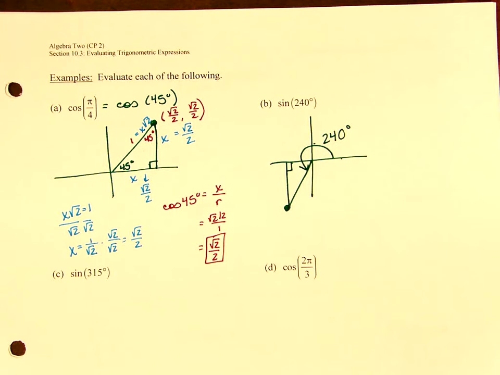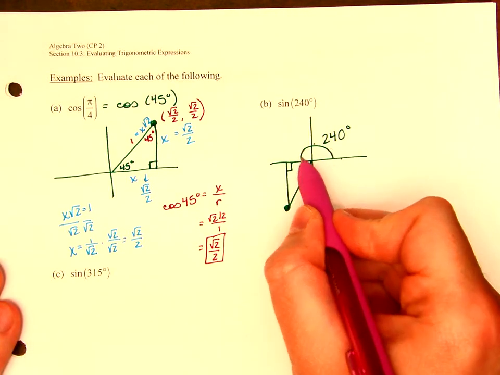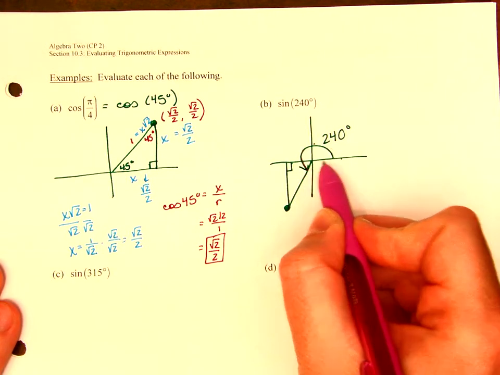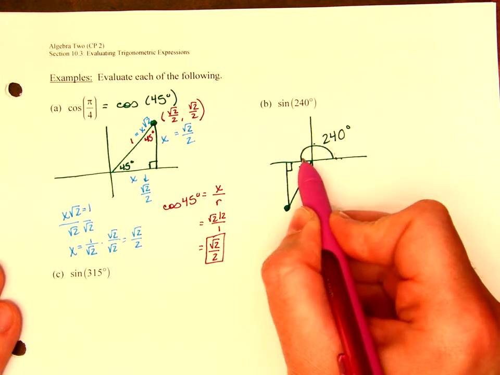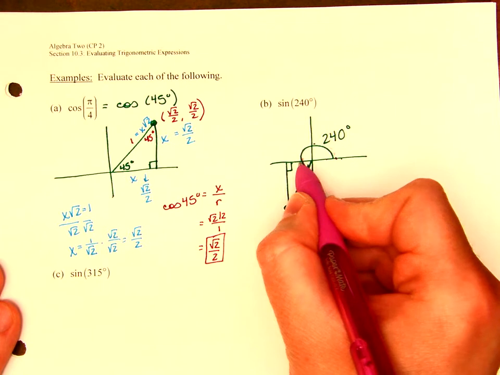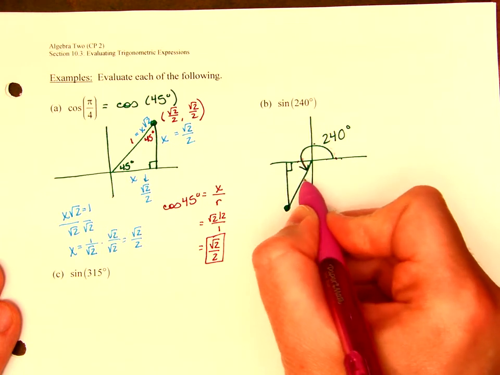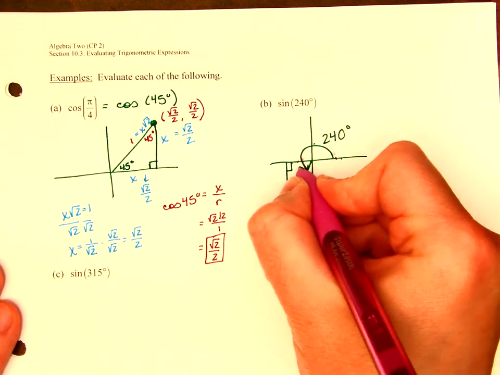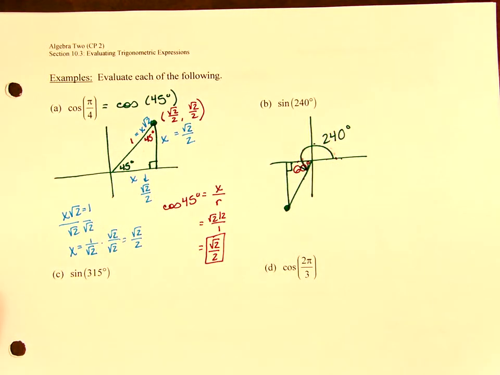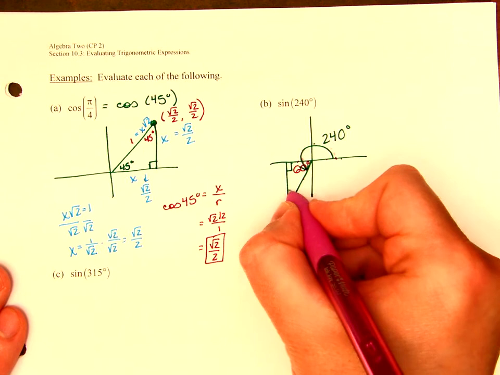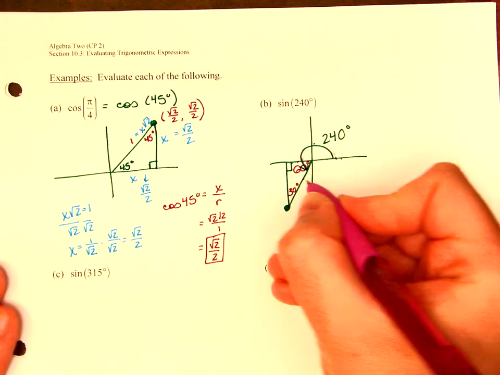Now, if this whole thing is 240 degrees, and I know that from the positive x-axis to the negative x-axis is 180 degrees, how many more degrees do I go to get from 180 to 240? Well, 60, which means this angle up here is 60 degrees, which also means, 30, 60, 90, the angle down here is going to be 30 degrees.